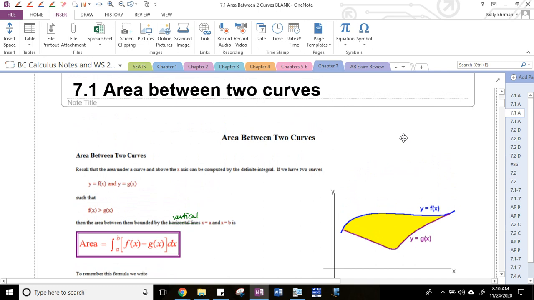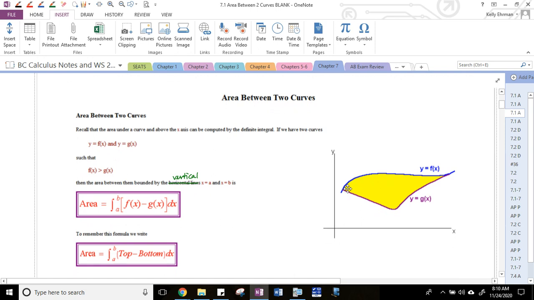All right, so we want to be able to find the area between two curves. Prior to this chapter, when we were finding area underneath a curve, we were always finding the area between a curve and the x-axis, right? And now we're just cutting that short. If you think about this picture, in previous chapters we have found, say, between these values A and B, this entire area, right?